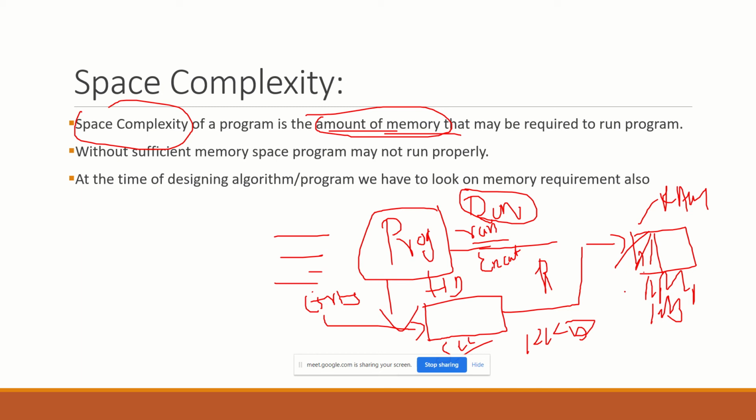So, without sufficient memory, the program may not run. The program requires 12 KB, but I have only 11 KB available. So, it is not possible to run the program. Insufficient memory leads to wrong output, or it may give an error.